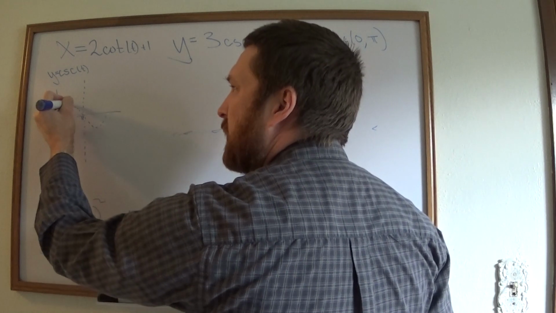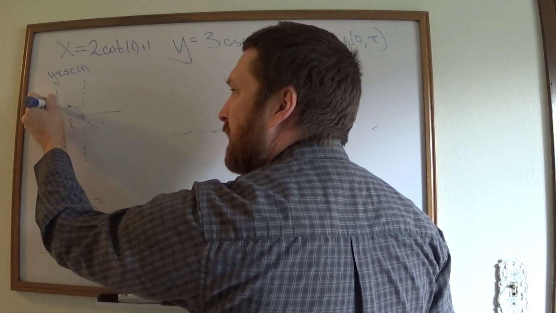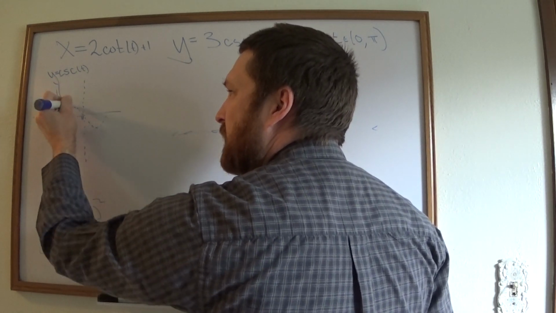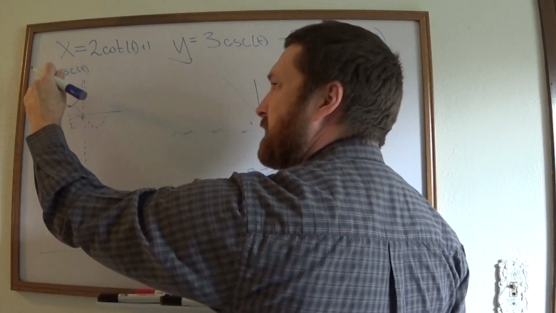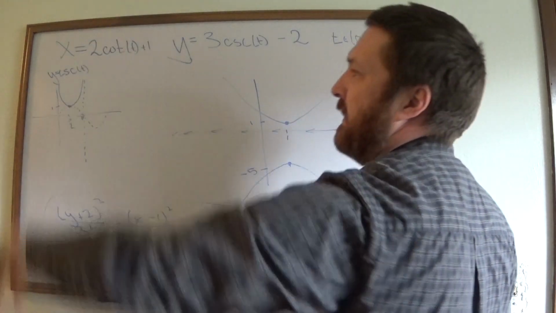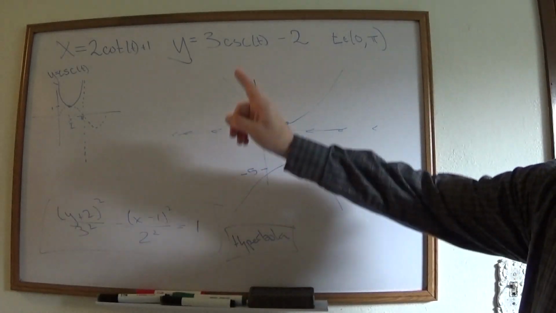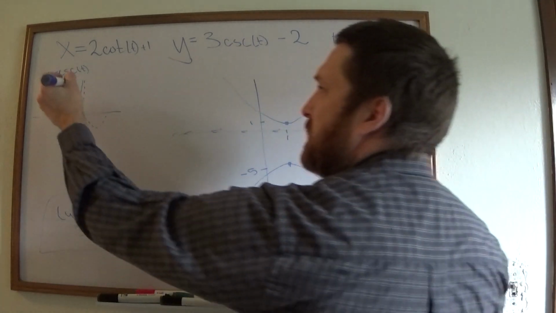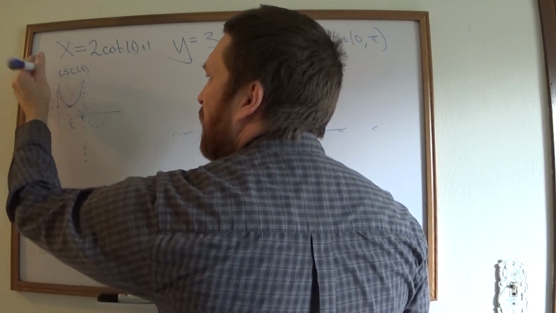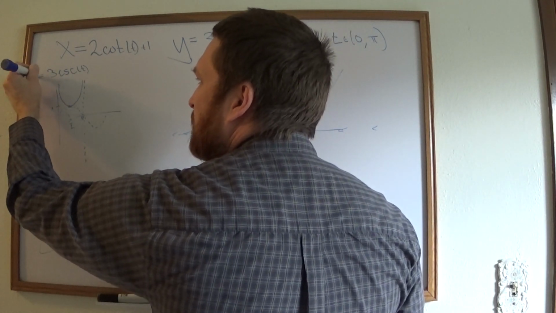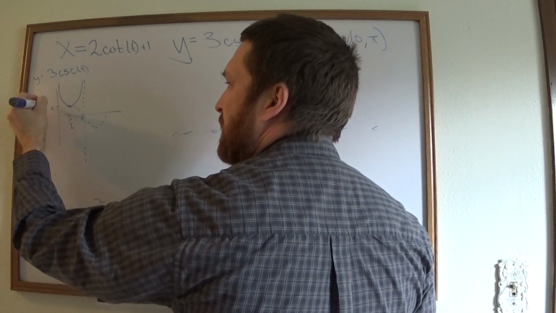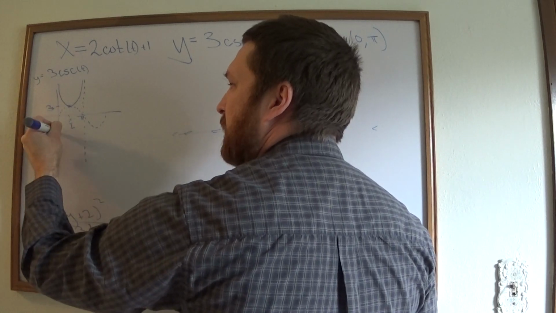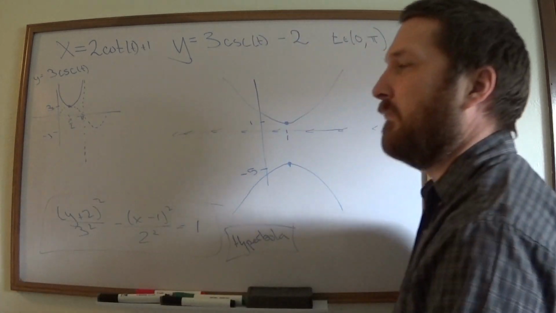And so cosecant does this. It drops in from infinity, comes down to 1, and then shoots back up to positive infinity. Now I'm going to multiply that by 3. So when I get 3 cosecant, I've just stretched it. That's all that's happened, I've gone up to 3 and down to negative 3.